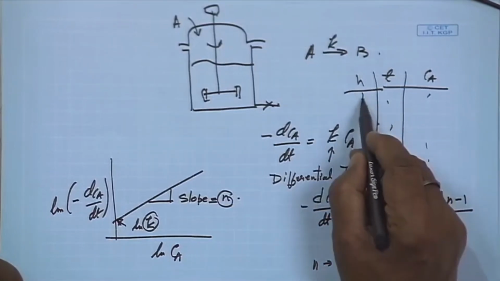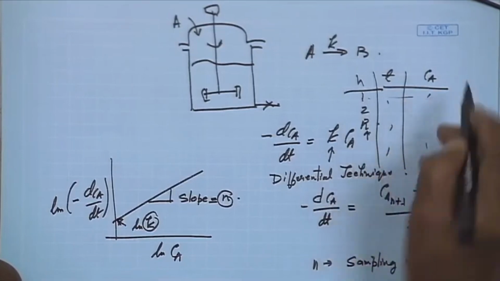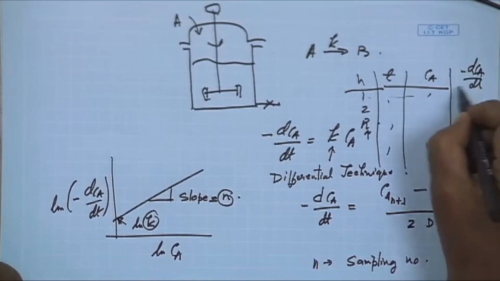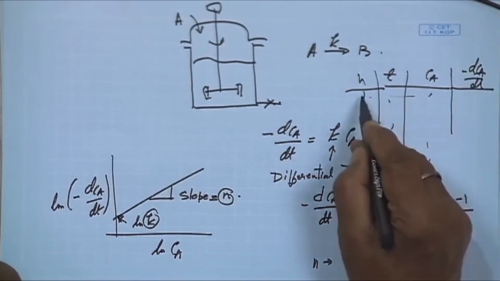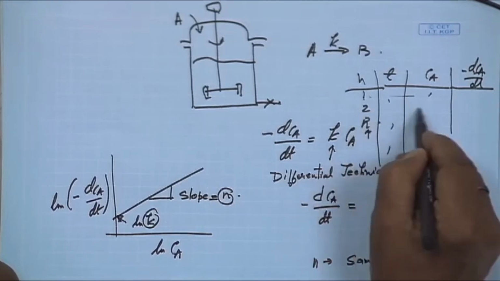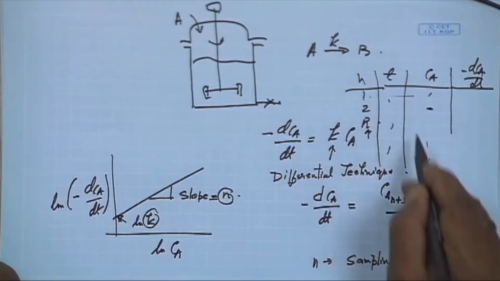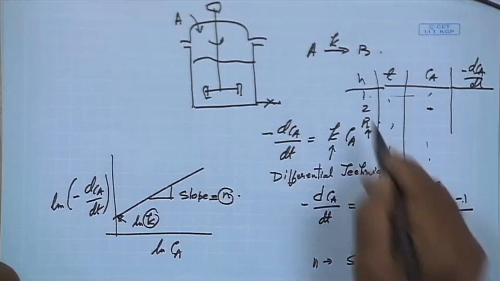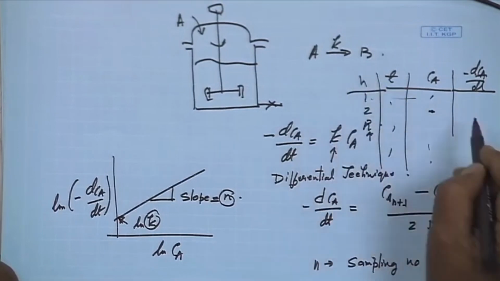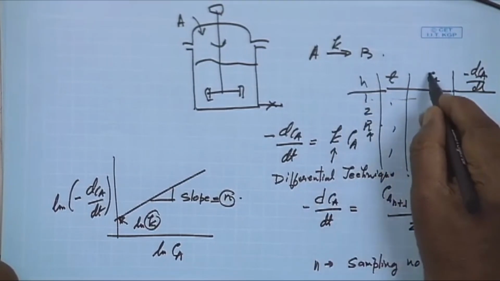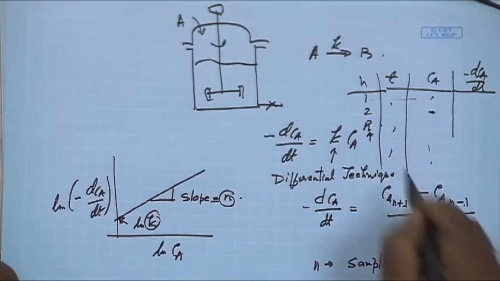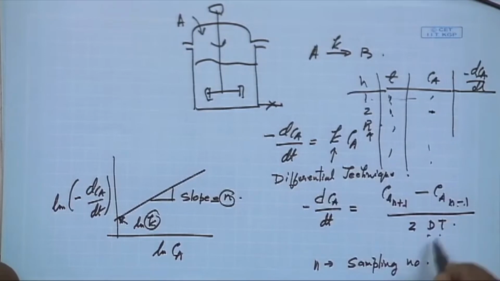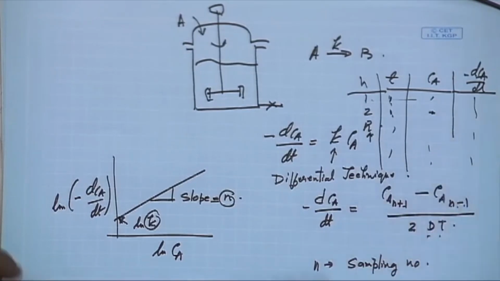Now if you consider n plus 1, at this point, if you want to calculate minus dCA by dt, how can we calculate? Ca(n+1) means you take the value here, Ca2, then Ca(n-1), that means 1 minus 1 equal to 0. So initially at the 0 hour, whatever the concentration is there, you find out, and take that difference divided by 2 del T, where del T is the time difference. Very simple, you can do that. So you can write this value.